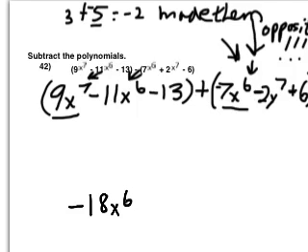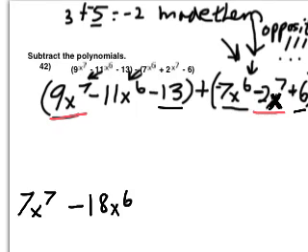Then I have this 9x to the 7th combining with the negative 2x to the 7th, which gives me 7x to the 7th. Then the last two, this 13 and the 6, give me a negative 7.